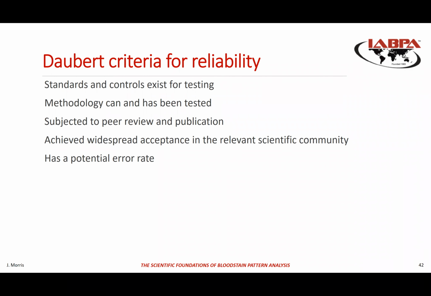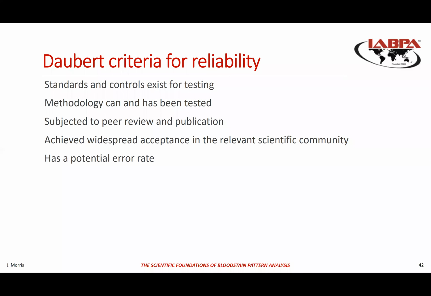In the United States, we have a Supreme Court ruling that is called the Daubert criteria for reliability. The Supreme Court stated that if scientific evidence or technical testimony is going to be provided to a jury to determine or answer a question, then the court needs to make sure that that testimony uses reliable techniques.